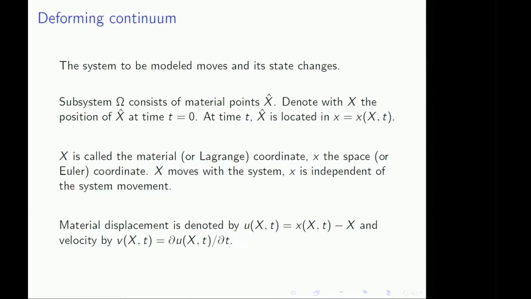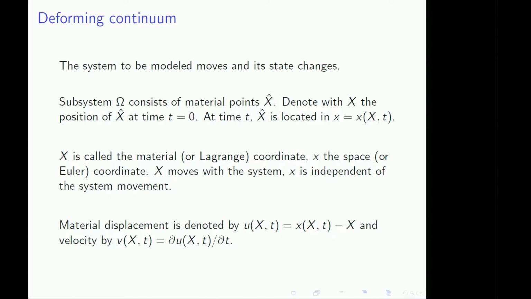These two x's are different coordinate systems for the material. And the capital X is called material coordinate, or Lagrange coordinate in the literature. It's a coordinate system that is following the movement of the system. It follows the material, and that's why the name. So for any material point, X will be the same throughout the whole modeling.